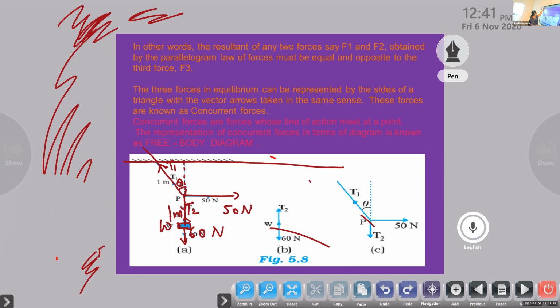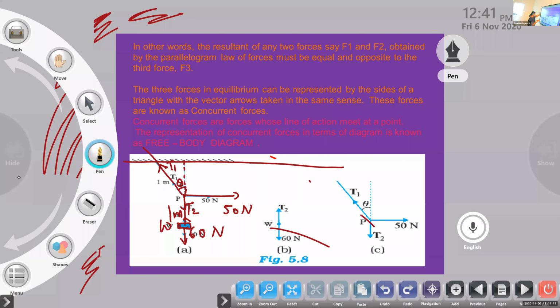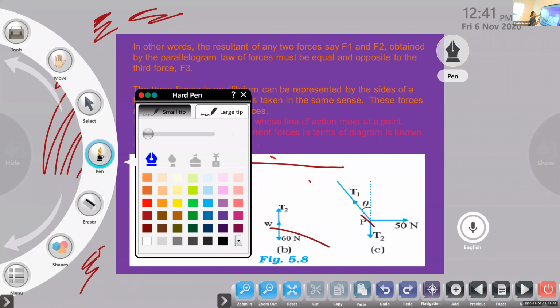I'm just checking because I am not getting different colors. Some problem with this small tip. Any option here?